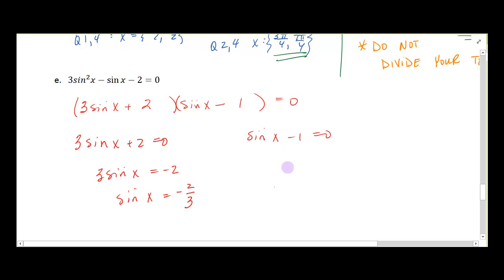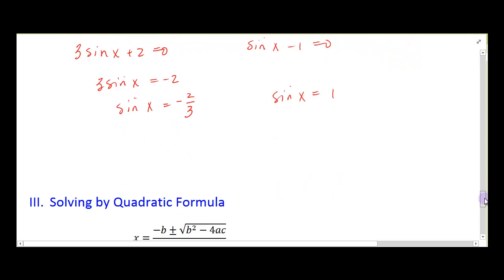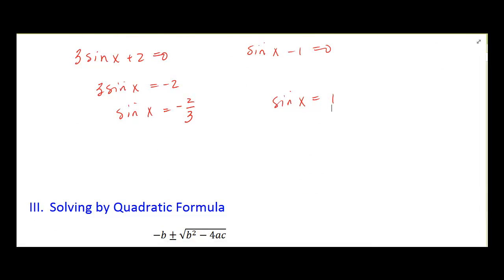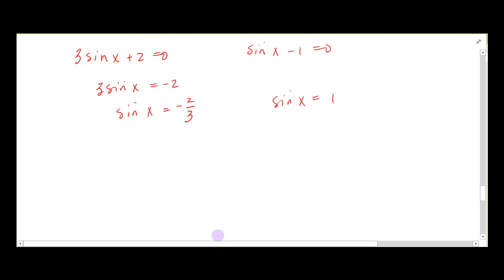And over here, I have sine x is equal to positive 1. I can do this because I know what that value is off of the unit circle. When I take the sine of some angle and I get back a positive 1, I know that I am looking at x at pi over 2.